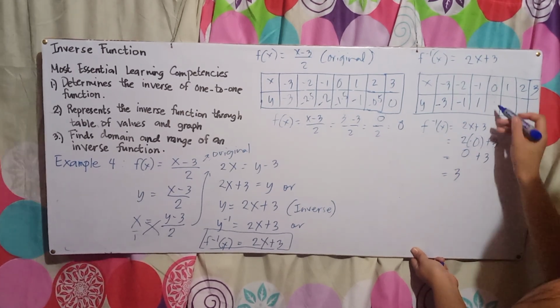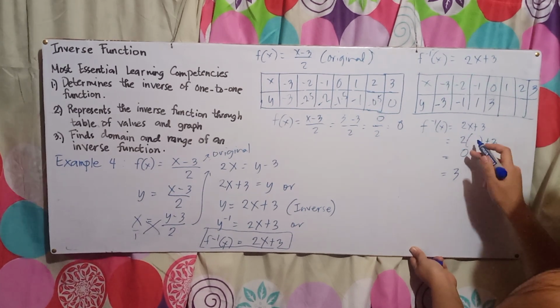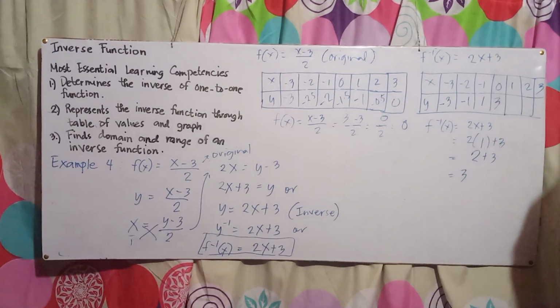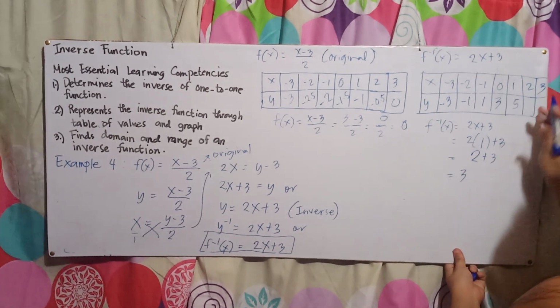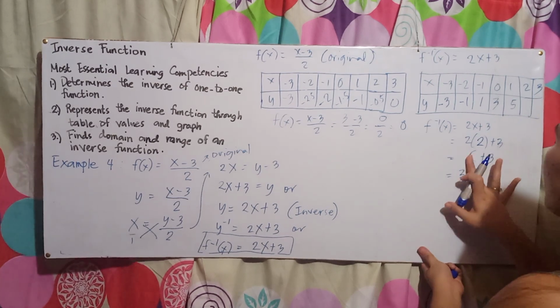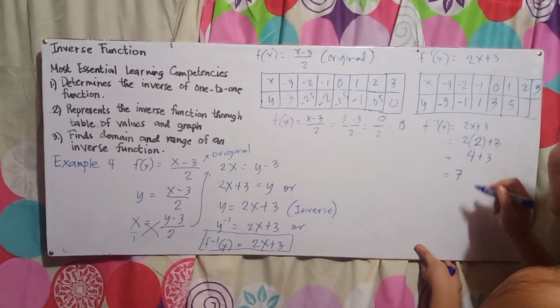So, 3. Next is 1. 2 times 1 is 2, plus 3, 5. Next is 2. 2 times 2 is 4, plus 3, 7.